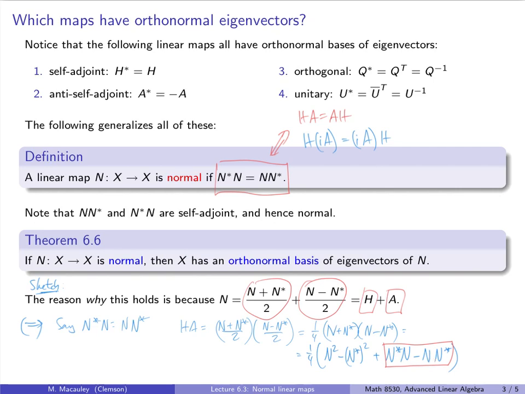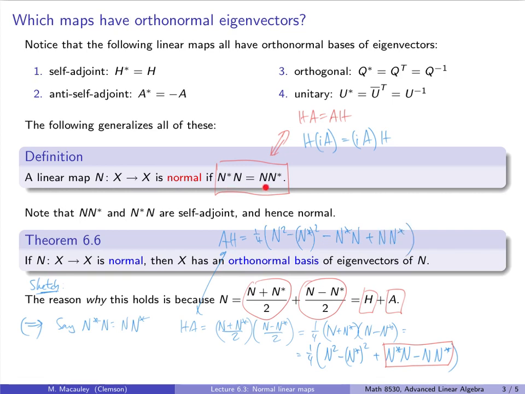And if they don't, well, it's easy to check AH, I'm going to compare it up here. If we multiply these in the reverse order, then what's going to happen is the sign of these flip. So we will get 1/4 (N star squared minus N squared minus N star N plus N N star).